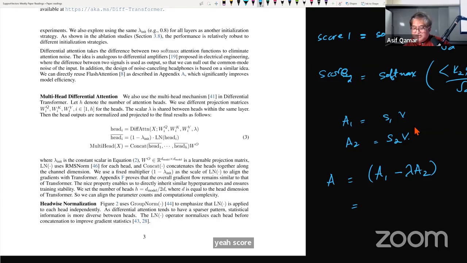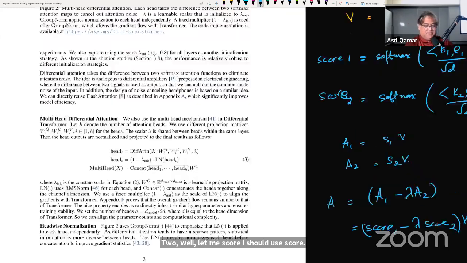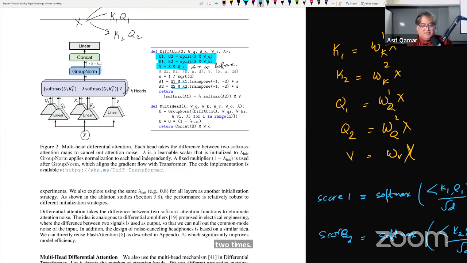This is nothing but score 1 minus lambda score 2, times V, which is what they're doing. So this is your basic differential attention.